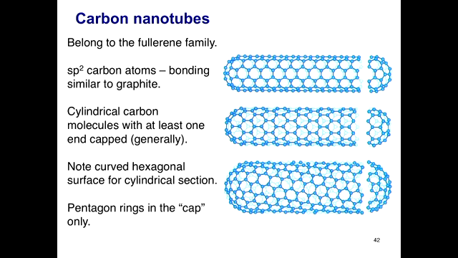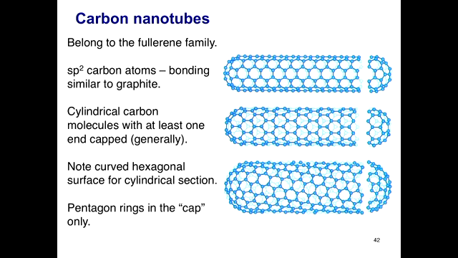Some work that did emerge from that, which does give us some technologically useful materials, is the work relating to carbon nanotubes. So imagine we take the graphite and we roll it up like a newspaper. Take the sheet, roll it up into a tube. If we do that, we can get something like a nanotube here.